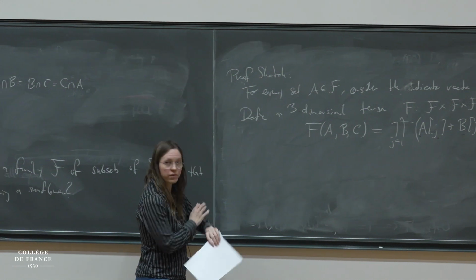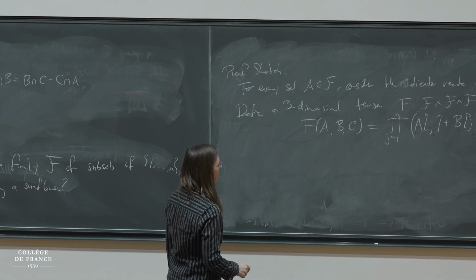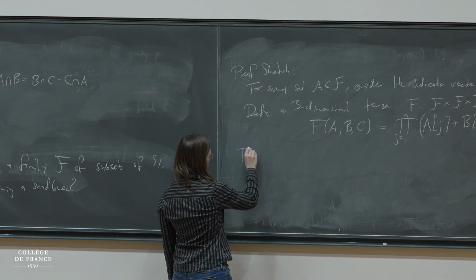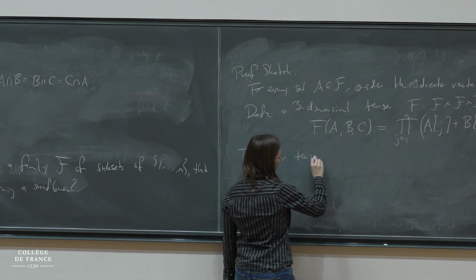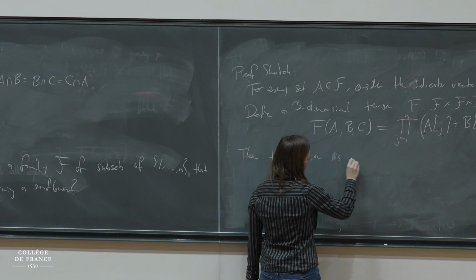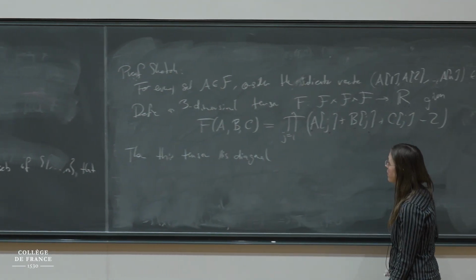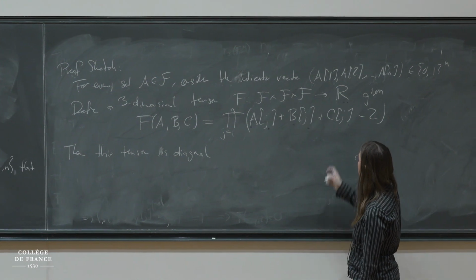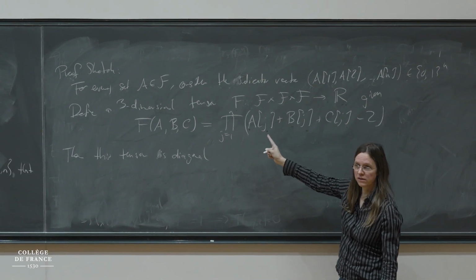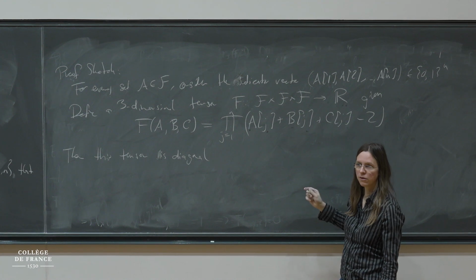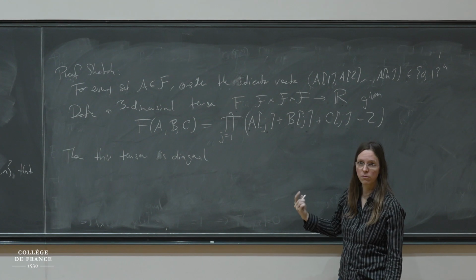So since I have 5 minutes, this will be just a sketch. But the first observation is that this tensor is diagonal. And the reason for that is if you plug in A equals B equals C, then those numbers will be either 0 plus 0 plus 0 minus 2 or 1 plus 1 plus 1 minus 2. So these factors will be either minus 2 or 1.